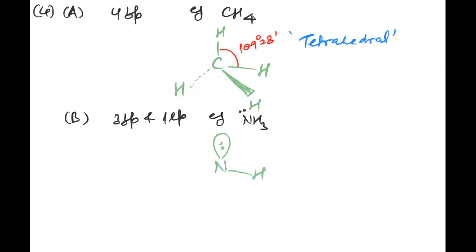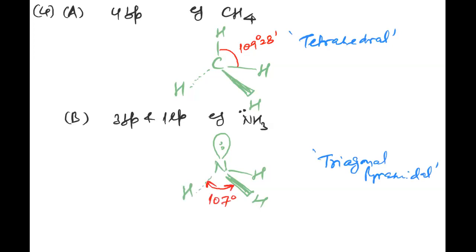It is hydrogen here, the same as hydrogen here, and this hydrogen going inside the surface of the board. So as far as the structure is concerned, it is trigonal pyramidal, and if you see, this angle is found to be 107 degree.